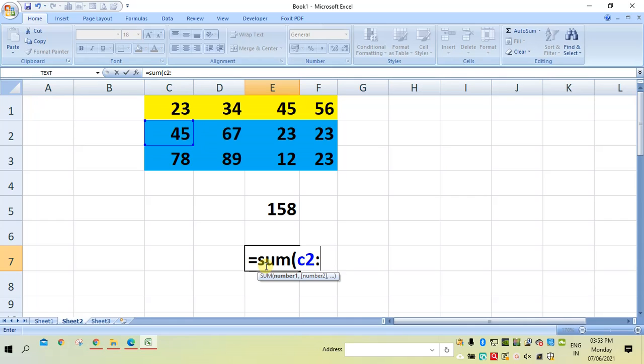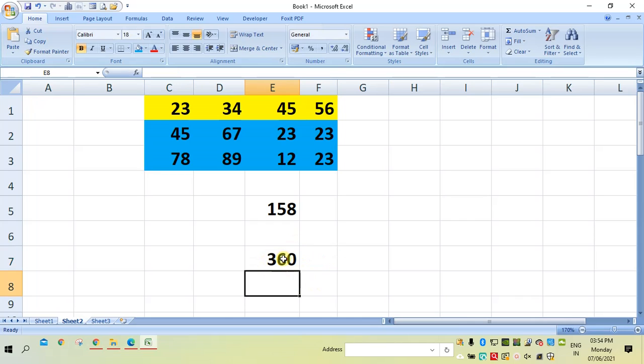After writing it, the entire set of numbers is selected here. This is the sum of these numbers. This is the sum of the above row, whereas this is the sum of the second and third rows.